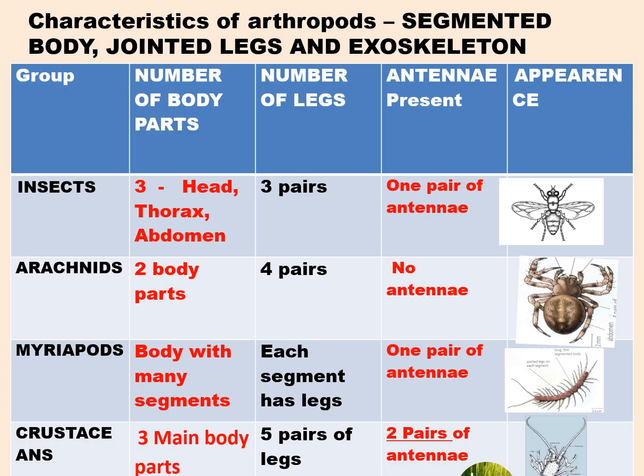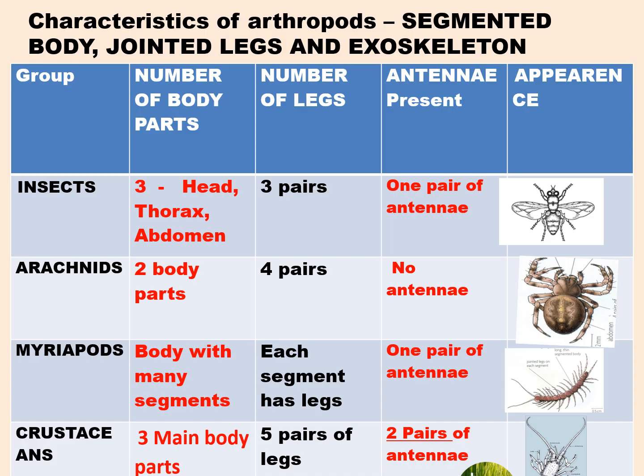When we take the groups, now if we take insects, body parts are head, thorax and abdomen, that is 3. Then number of legs are 3 pairs. Antennae are present, 1 pair of antennae. Then appearance looks like this. Some have wings, some don't.